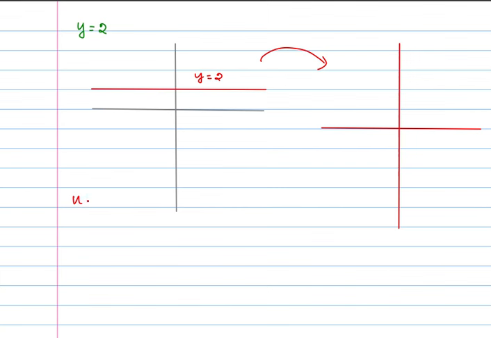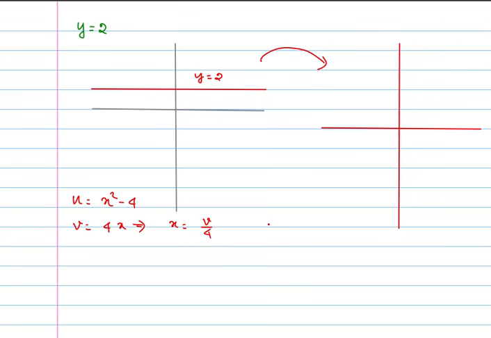So u equal to x square minus 4, because y is 2, so y square is 4. So v equal to 4 times x. So this implies x equal to v divided by 4.